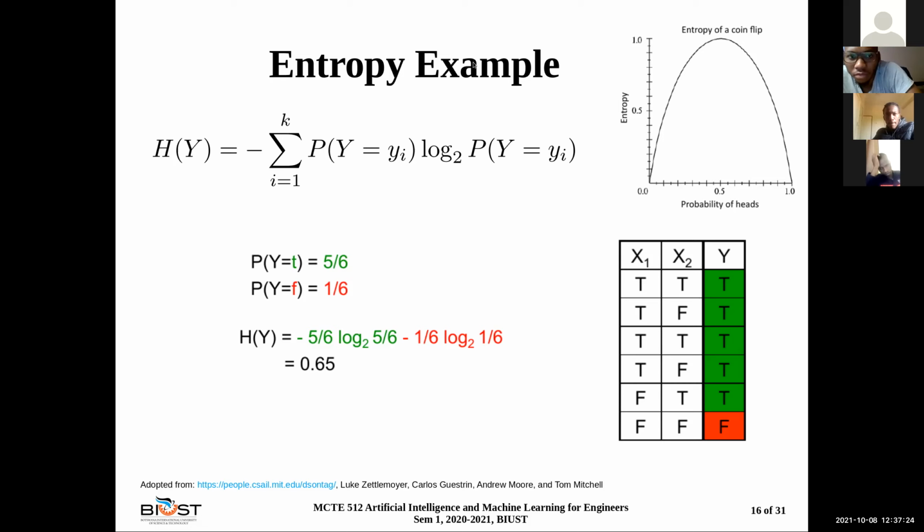Now to compute the entropy, we just plug into this equation. Yi is the output. The big Y is your output, consisting of small y, Y1 and Y2, where Y1 is the true and Y2 is the false.